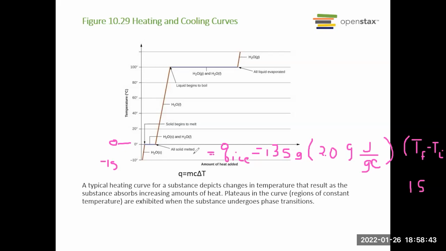I get 40,500. Okay, hold on. 15 times 2.09 times 135. Oh, wait a minute. Hold on, I get something entirely different.